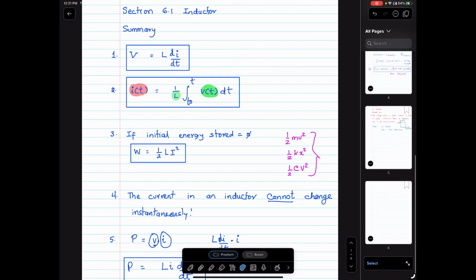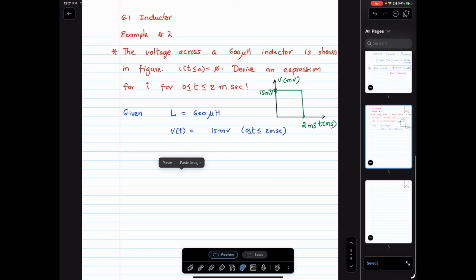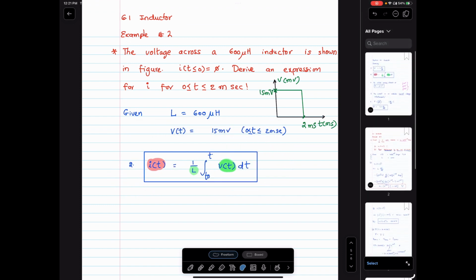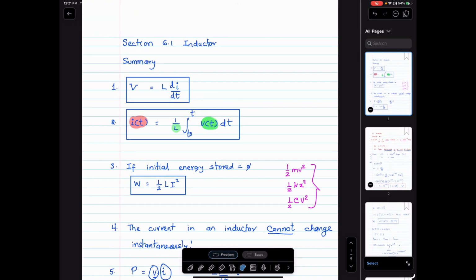So let's paste it here, and I'll go back and clean up this formula a bit. There you go.